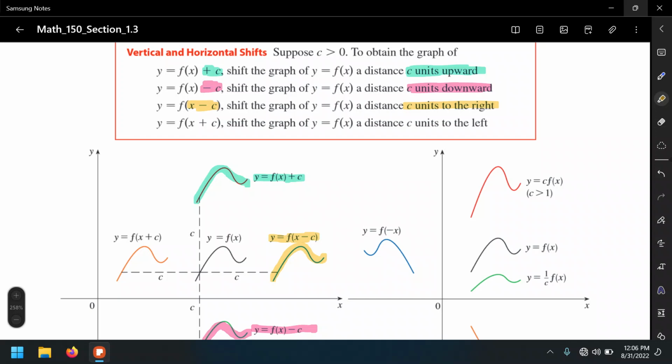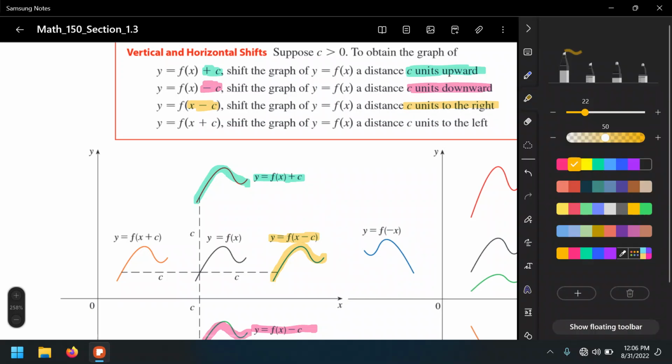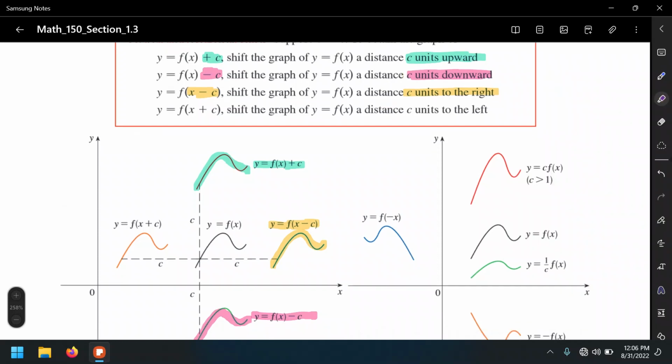And last but not least, for this situation, let me use a different color, something I haven't used. Okay, purple. In this case, x plus c, that's going to go c units to the left. For example, if this is x plus 5, that's 5 units to the left.